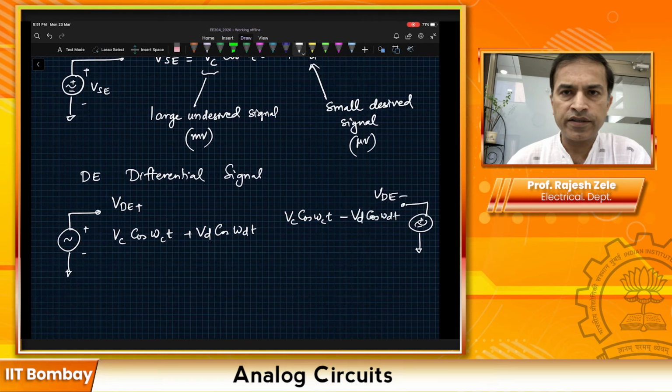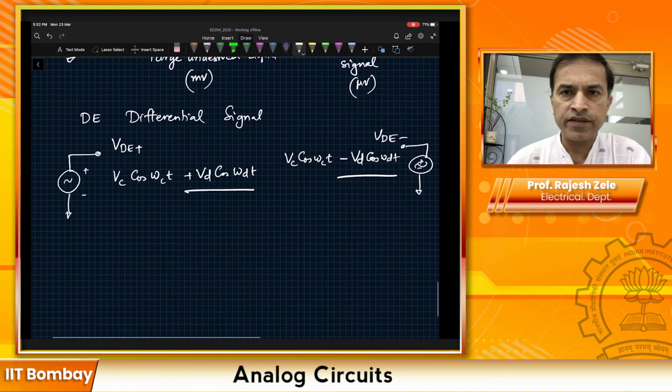Now you can pretty much tell that when I look at the voltage between VDE plus and VDE minus, VC cos omega CT is a common term and gets subtracted out, but VD cos omega DT is positive on one side and negative on the other. So when you look at the difference between the two, that would go through.